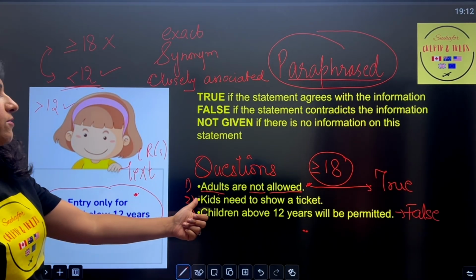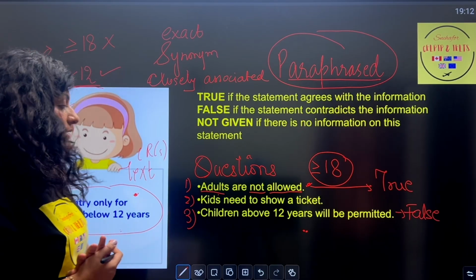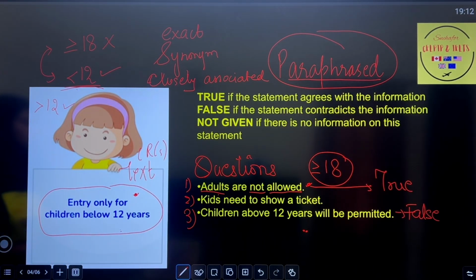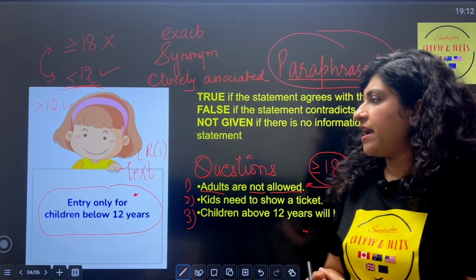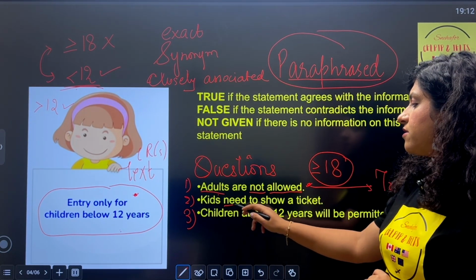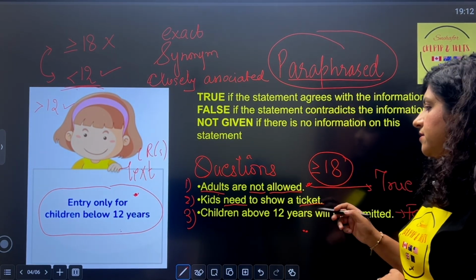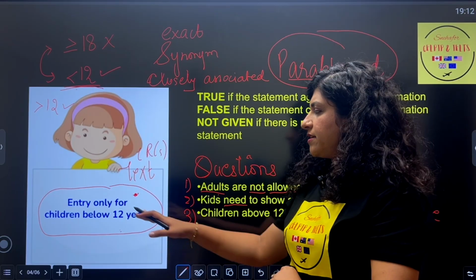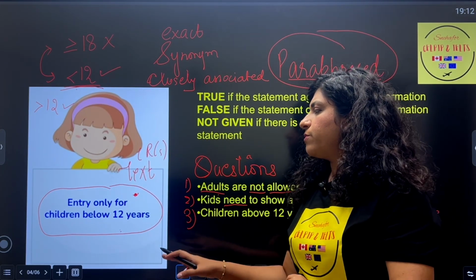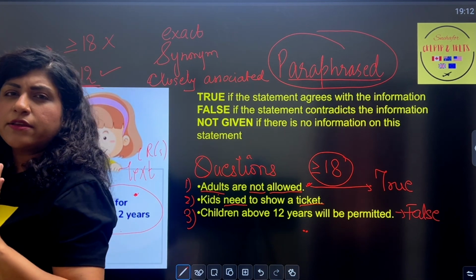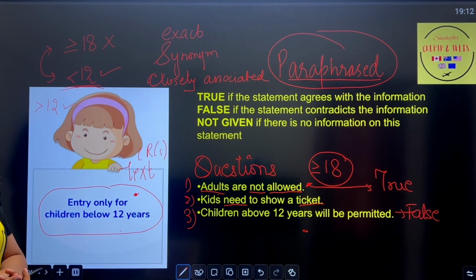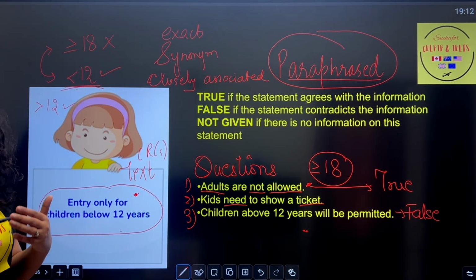Now let us look at question number 2. Kids need to show a ticket. We're talking about kids and that they need to show a ticket. The text says entry only for children below 12 years. Does the text talk anything related to showing ticket? That kids, they need to show ticket?